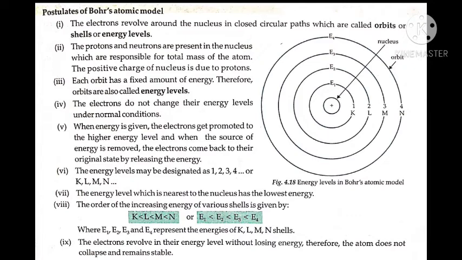For energy levels, we can indicate them by E1, E2, E3 and E4 in ascending order, where E1, E2, E3 and E4 represent the energies of the K, L, M and N shells. The electrons revolve in their energy level without losing energy. Therefore, the atom does not collapse and remains stable.